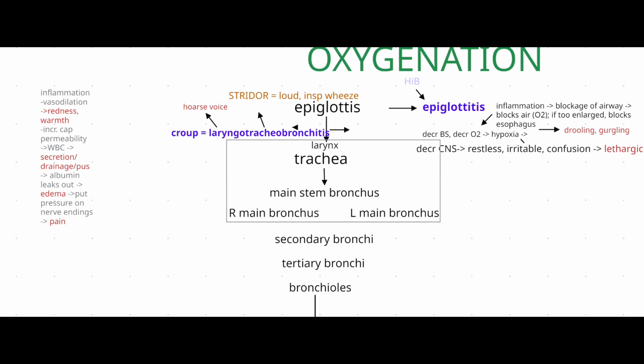Now, we said that there's also laryngitis, yes? So there's also laryngitis and there's bronchitis. So how would this cough differ from any other type of cough? It's going to be a barking, seal-like cough, right? What does that mean, seal-like?